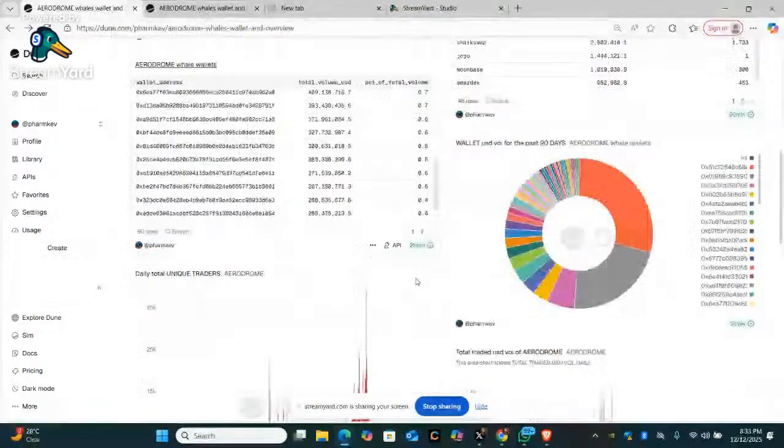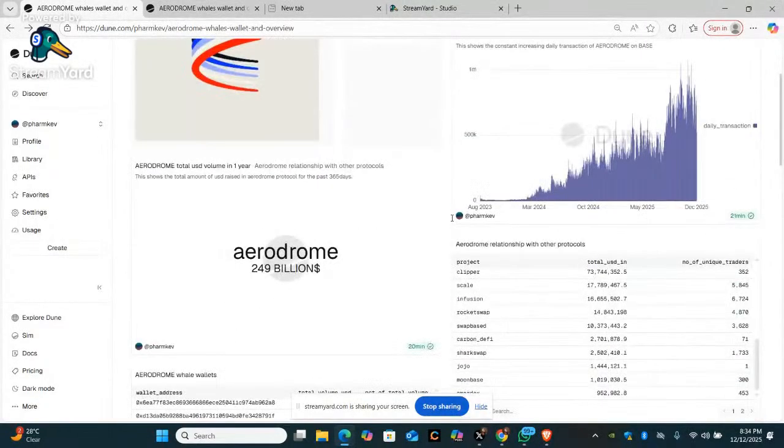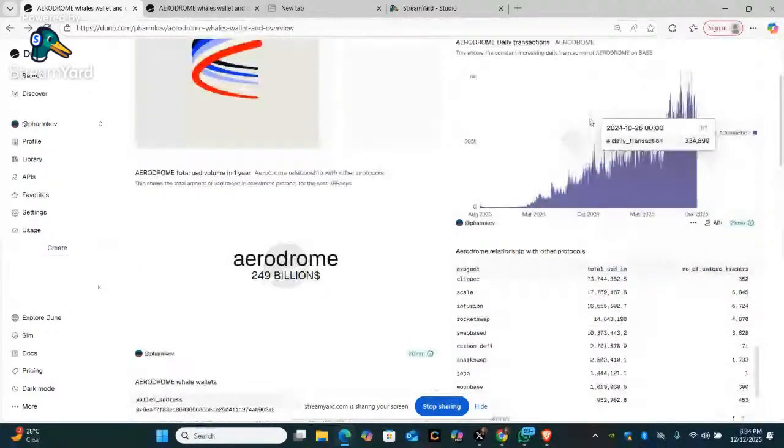So I think here I just had to do this. This chart shows our total daily trading volume. We had the chart of the daily transactions, and we saw how it has been increasing.